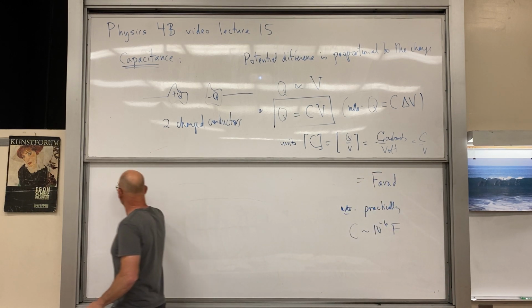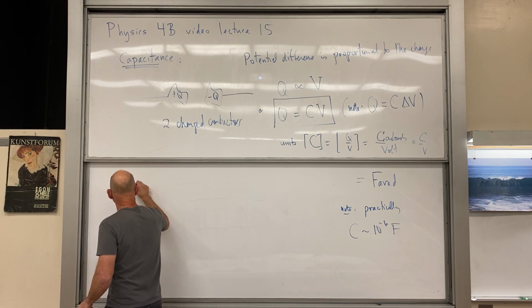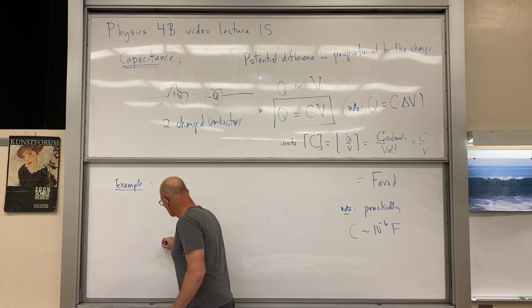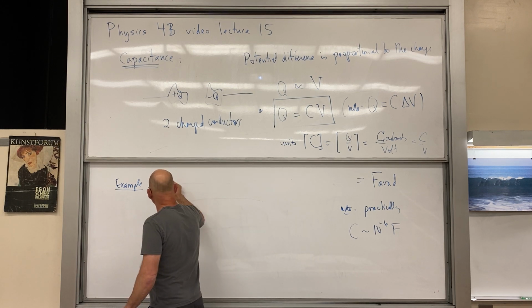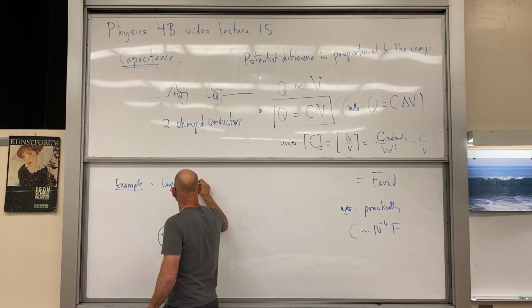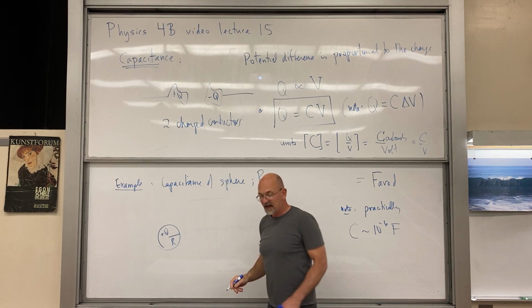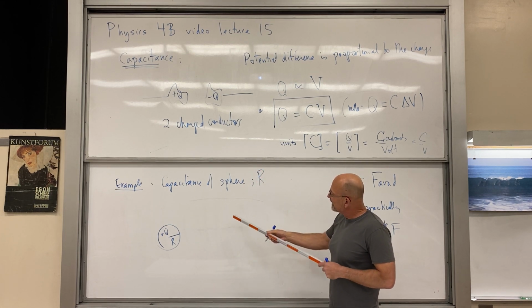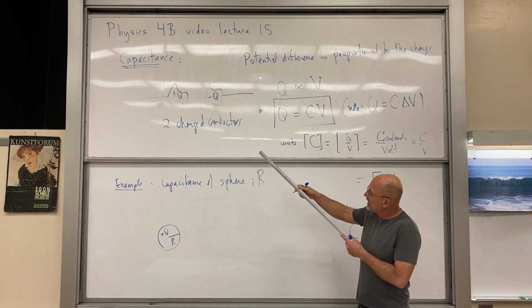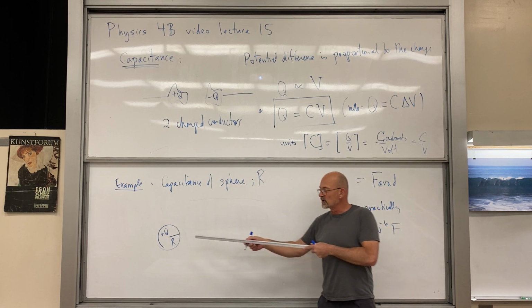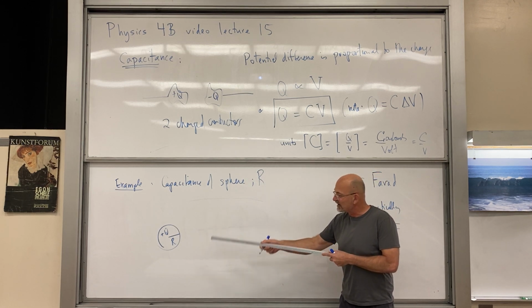So the first example is capacitance of an isolated charged sphere. Okay, so imagine we have a sphere of radius R, it's got Q on it. The idea is that we could have a spherical shell surrounding this thing with a minus charge, except that we're letting that go out to infinity.